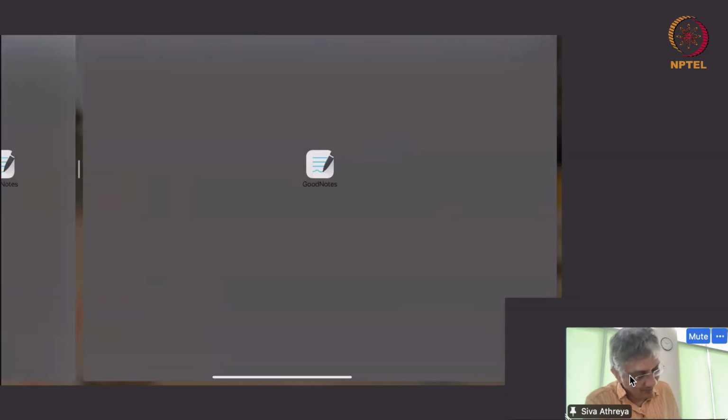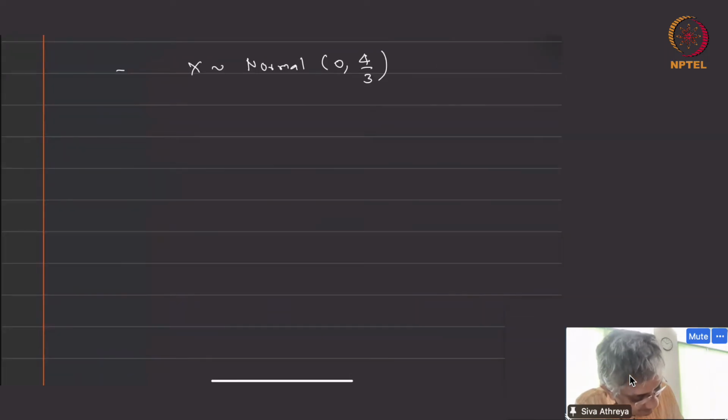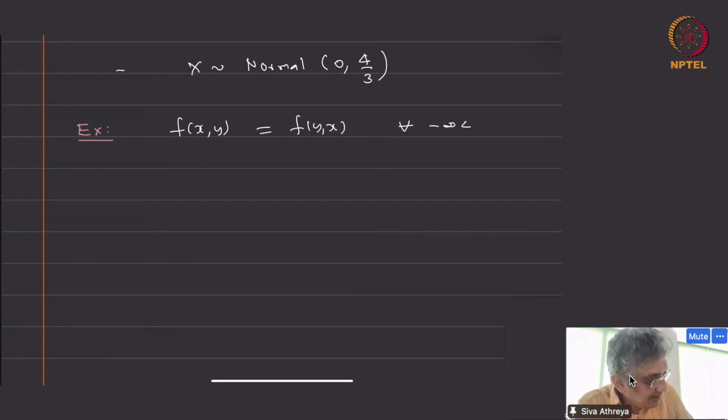So let's write that down. Something you have to check a little bit, so I'll leave it as an exercise. You can check f of x, y is equal to f of y, x, because I've changed the roles, for all x and y between minus infinity and infinity.